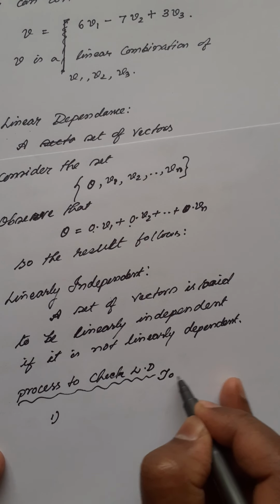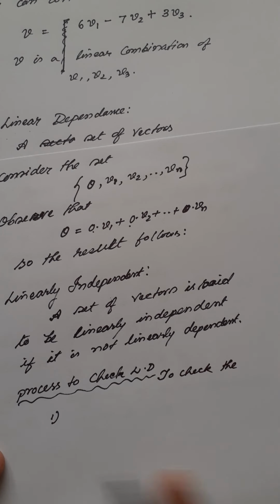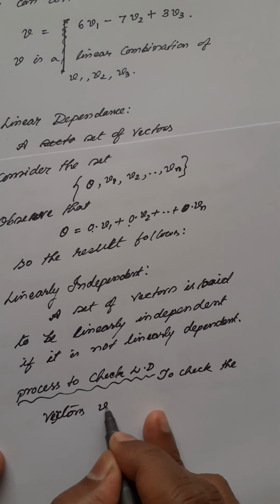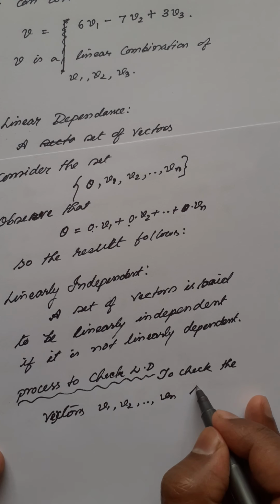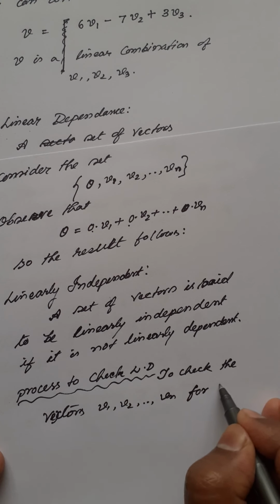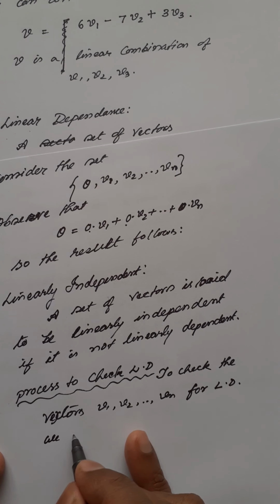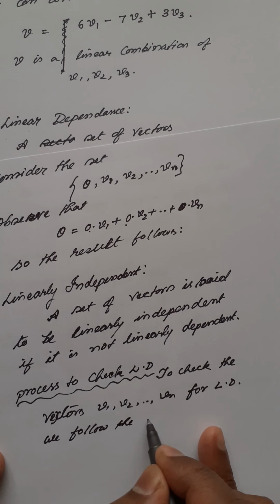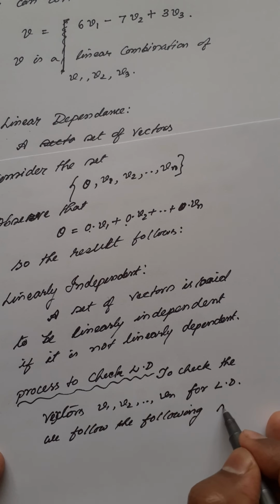To check the vectors v1, v2, and so on, vn, for linear dependency, we follow the following steps.